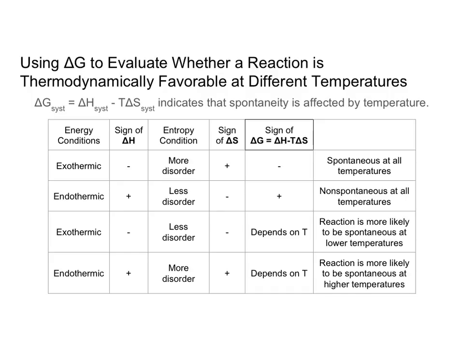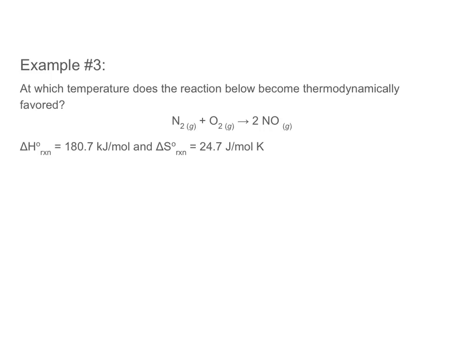To do an example associated with this, example number 3 says: at which temperature does the reaction below become thermodynamically favored? It becomes favored when we calculate what that temperature is. The formula is change in energy equals change in enthalpy minus temperature times change in entropy.